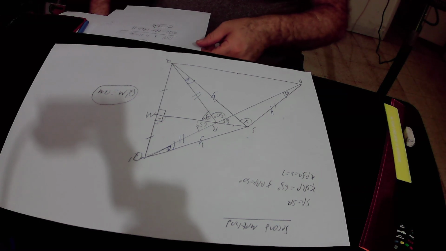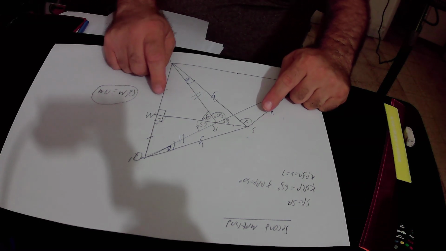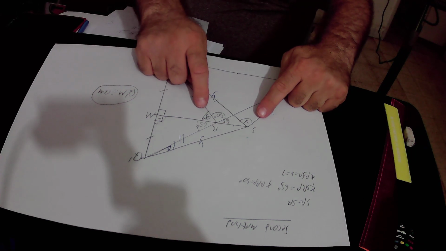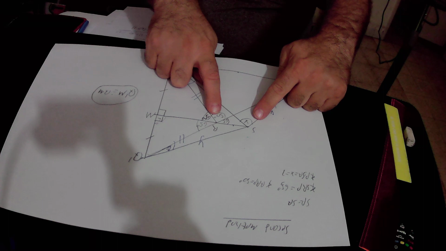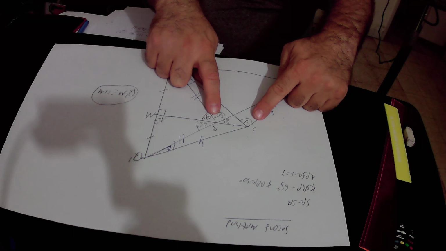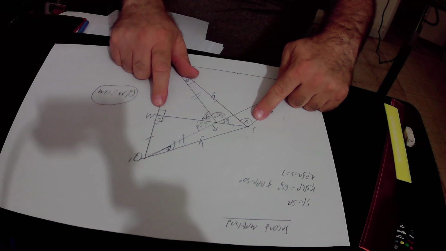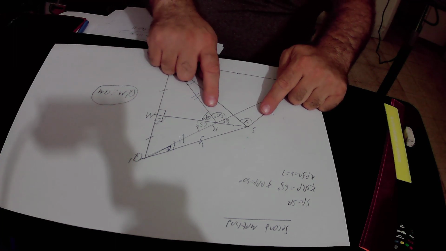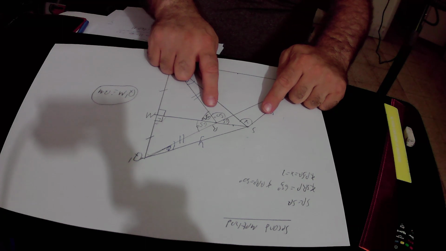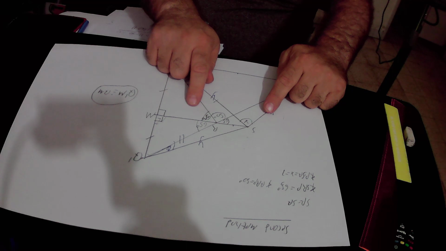Okay, after we extended SR, which is the side of a quadrilateral, it is a straight line. After we extended SR by a straight line, SM remains a straight line, and if we look at the bottom side of the straight line SM, the sum of the angles must be equal to 180 degrees.